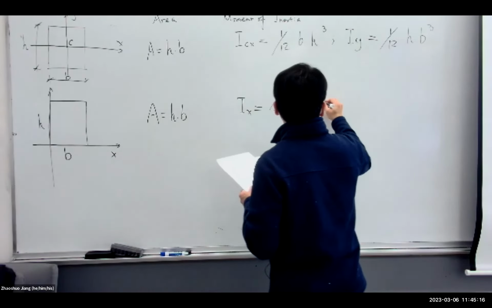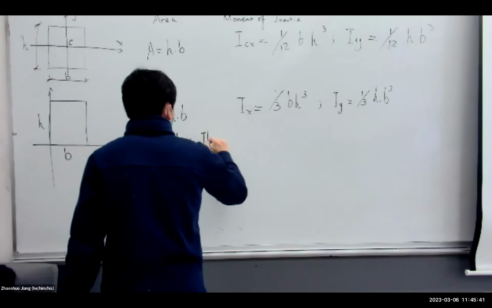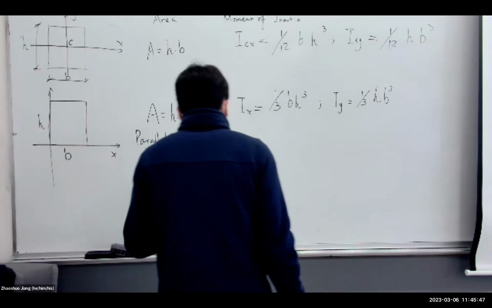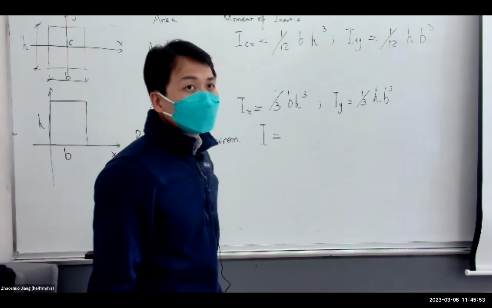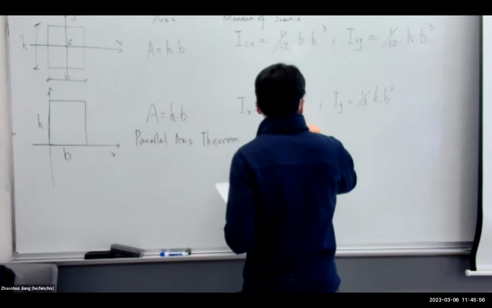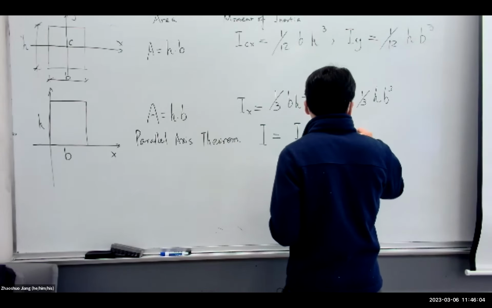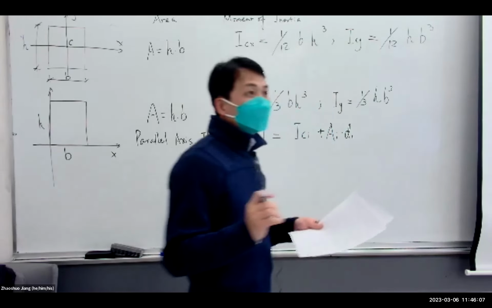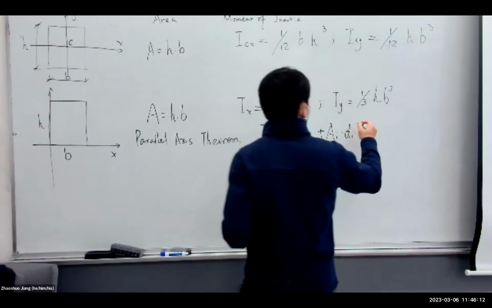Now, here is the parallel axis theorem. What the parallel axis theorem is saying is the moment of inertia of the cross section to one axis can be calculated as the moment of inertia to its own centroid axis plus the area of the cross section times d squared, which is the distance between the centroid to the axis you're taking the moment of inertia about.